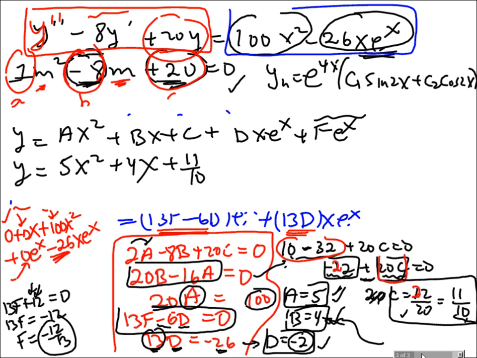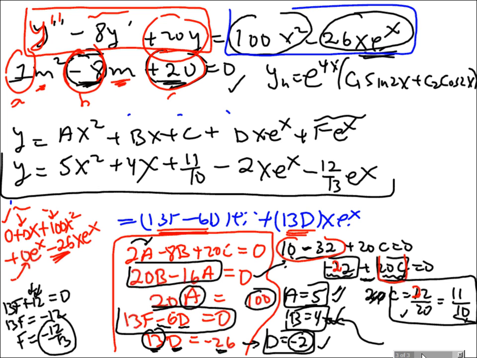And instead of adding negative 2x e to the x, I can just take away 2x e to the x, plus f, which is minus 12 over 13 e to the x. That would be the solution. I equated coefficients. Very similar to what we used to do, and still do, when it comes to solving a problem using partial fractions.